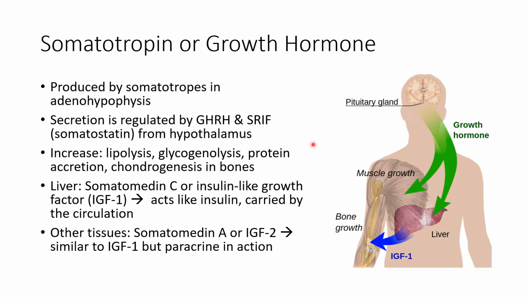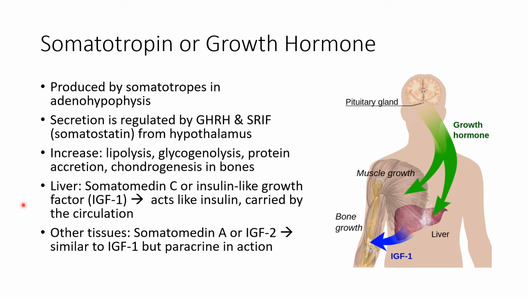Next, you have your protein accretion. The goal of protein accretion, protein synthesis or protein absorption, is increasing the protein reserves of the body for growth. And it enables chondrogenesis in bones, of course, for the lengthening of long bones and other types of bones.